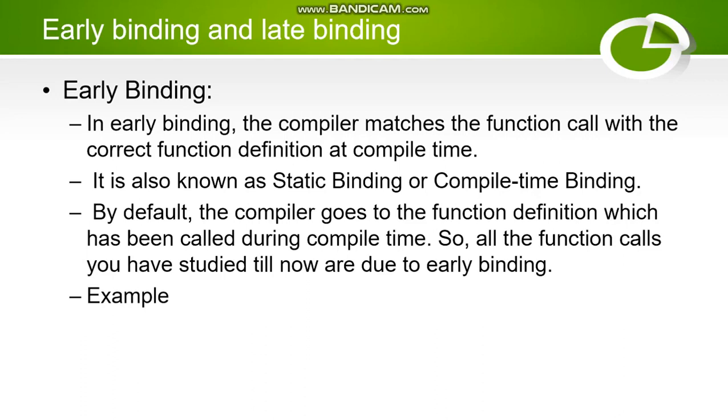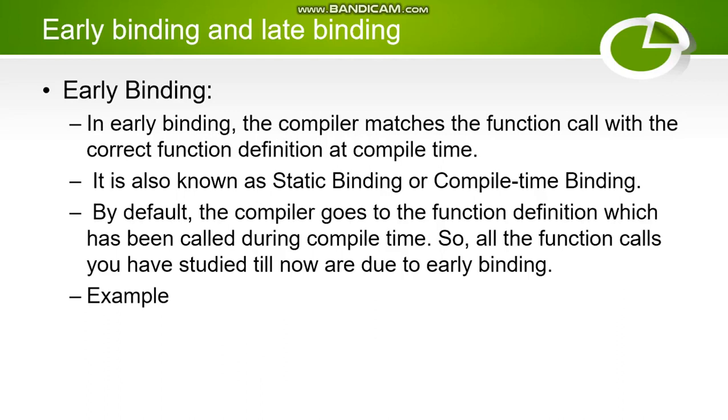In function overriding, the base and derived class have the same function name. It is the concept we have used in inheritance, where the base class as well as the derived class have functions with the same name, same parameters and return type also.